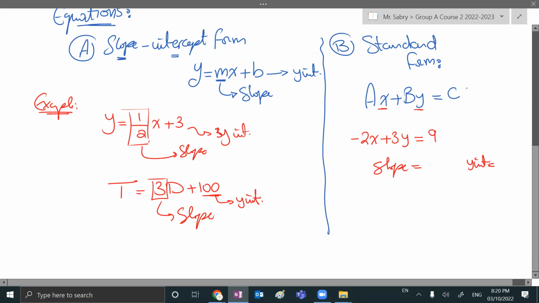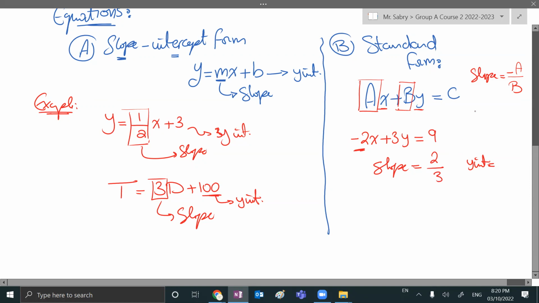In this case, the slope is negative a over b. What do I mean by that? I take the number next to x with the opposite sign over the number next to y. So the slope here is the number next to x, which is negative 2, with the opposite sign, over the number next to y, which is positive 3. That's the slope.